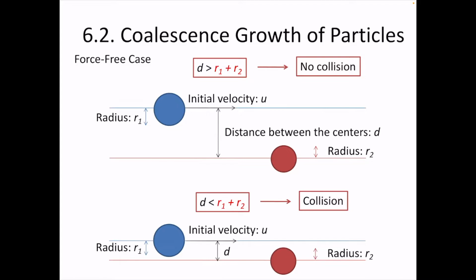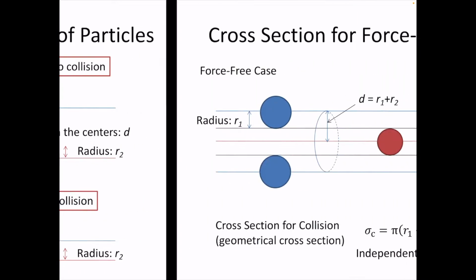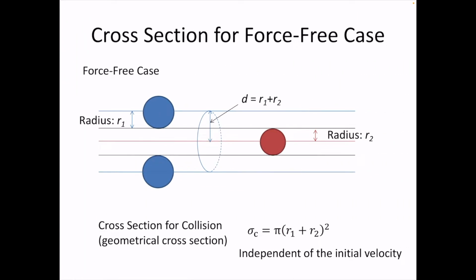But in a real situation, we consider three-dimensional collisions. Then instead of the distance between the centers of the two circles, we need to consider areas. We call such an area a cross-section. We consider spheres with radius r sub 1 and radius r sub 2 approaching together.